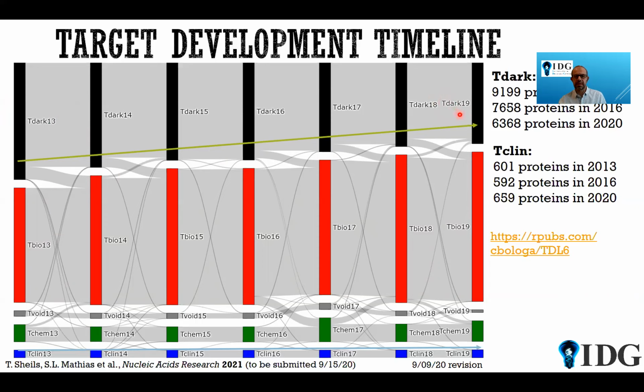So there is clearly an increased effort in annotating proteins, and currently nearly 70% of the human proteome is not what we would consider Tdark. There is a much less dramatic increase when it comes to annotating drug targets. And we had some differences in how we defined drug targets, but the lowest was below 600, and there was just an increase of about 10% from 2016 to 2020.